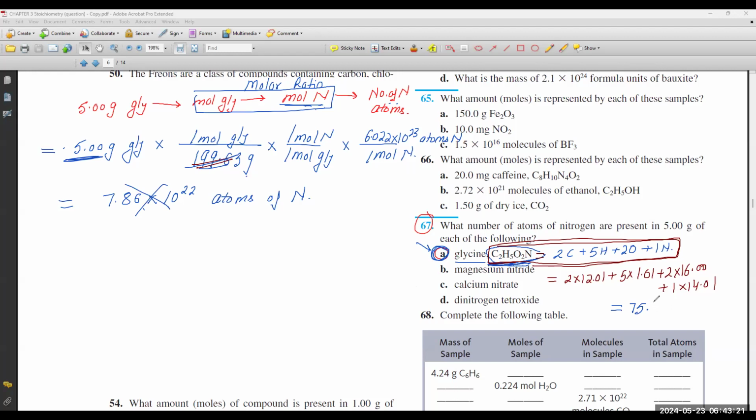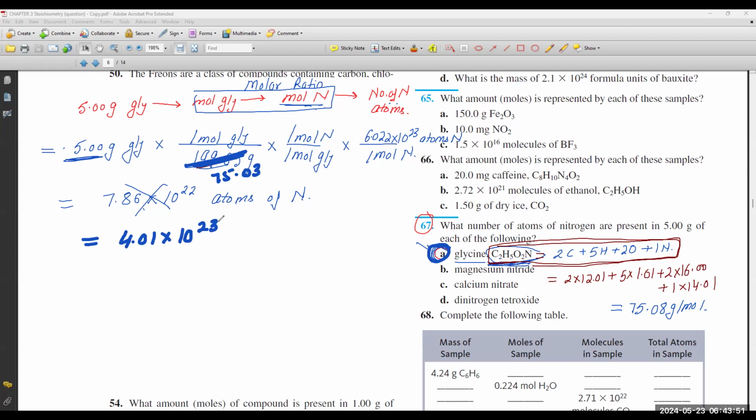So 75.08 grams per mole. Plug in this here. Akash, we are doing part A, okay? We are not doing part B. You have given the molar mass. This is your 75.03. Now what's the answer? 4.01 times 10 raised to power 22.